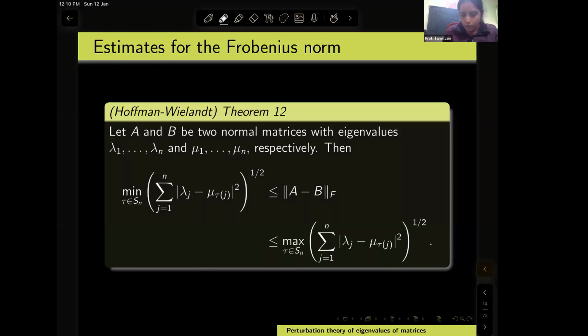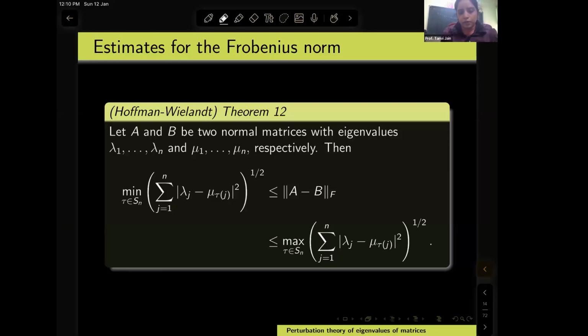Now, the Hoffman-Wielandt theorem tells me that if I take the minimum over all permutations, the Euclidean norm between lambda and mu sigma is less than or equal to the norm of A minus B in Frobenius norm, which is less than or equal to the maximum over all permutations.